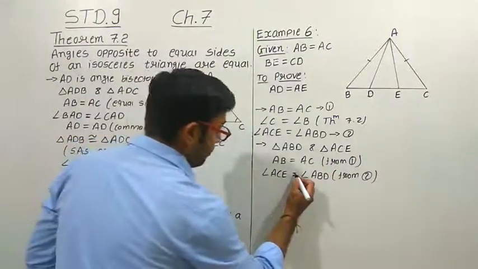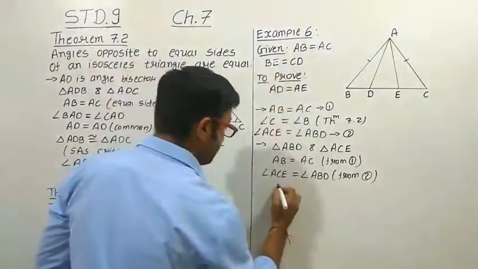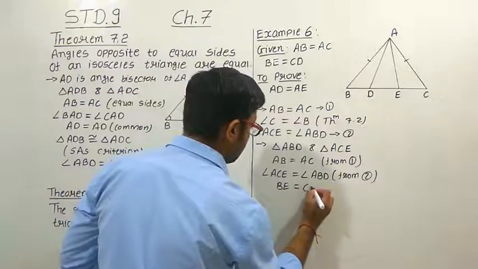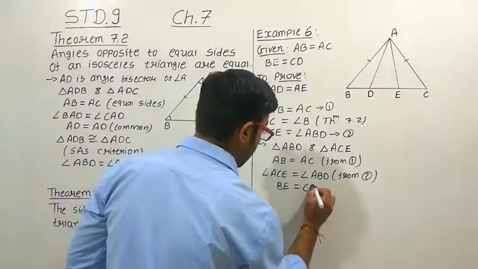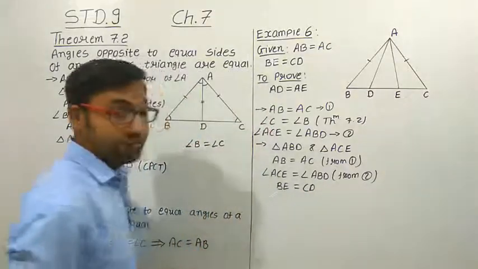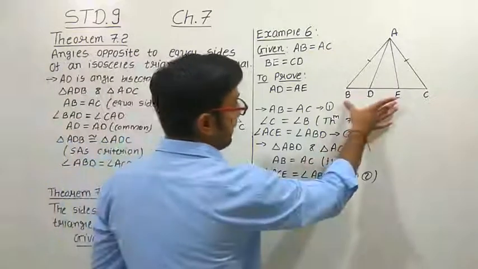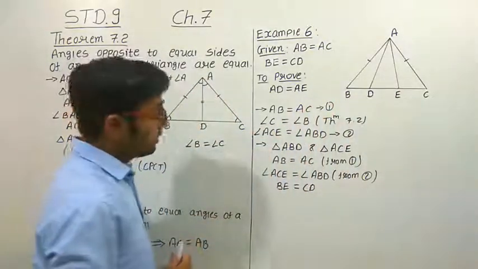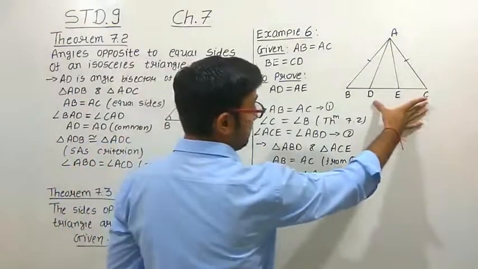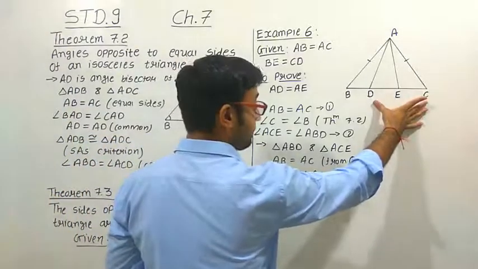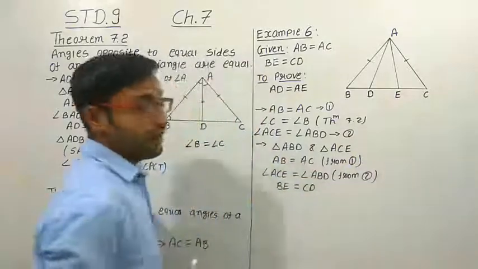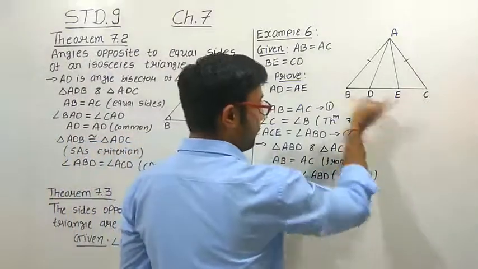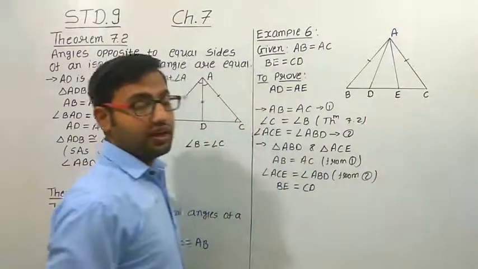See, one more thing we are given is that BE equals CD. But BE is not the side of the triangle; BD is the part of triangle ABD. In the same way, CD is not a part of triangle ACE, but CE is the part of triangle ACE. So if we subtract DE from both sides, then we can get the required result.